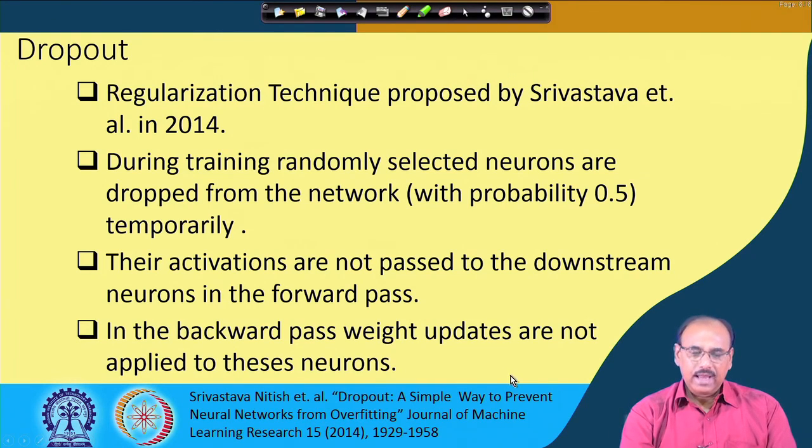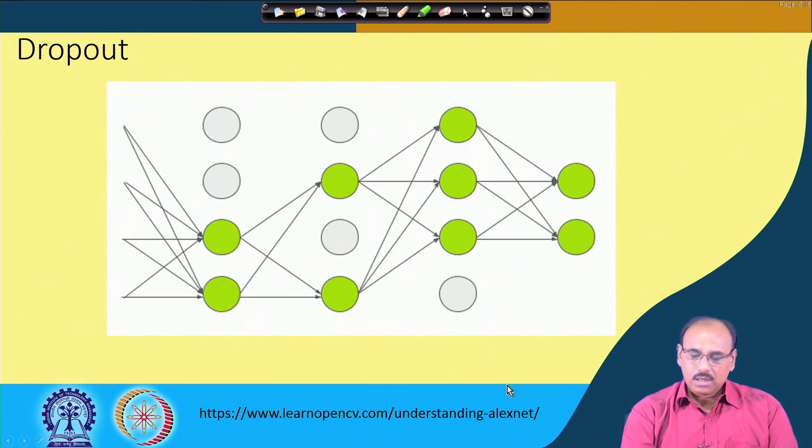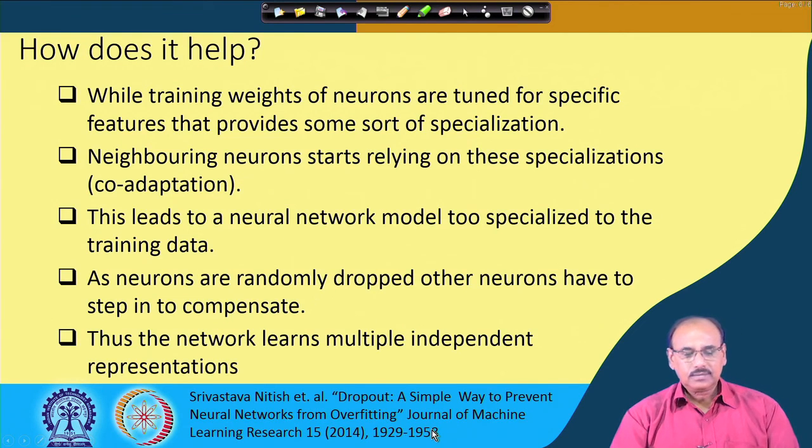So how do you gain by this dropout? While training, the weights of a neuron are tuned to some specific features, which gives some sort of specialization to the neurons. The neighboring neurons also start relying on these specializations, which is known as co-adaptation. That leads to a problem where the neural network becomes too specialized to the training data.